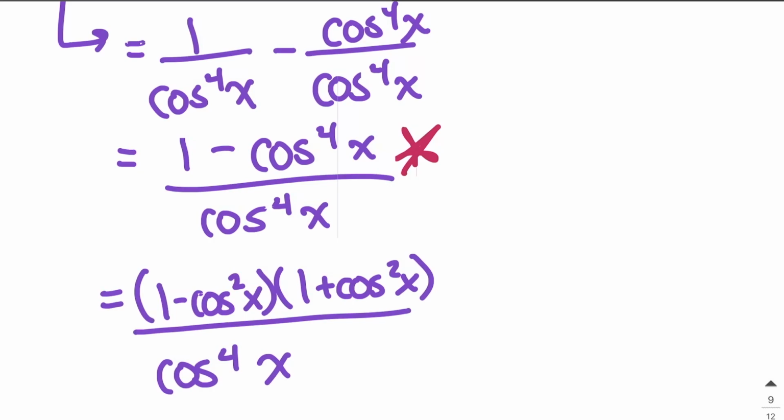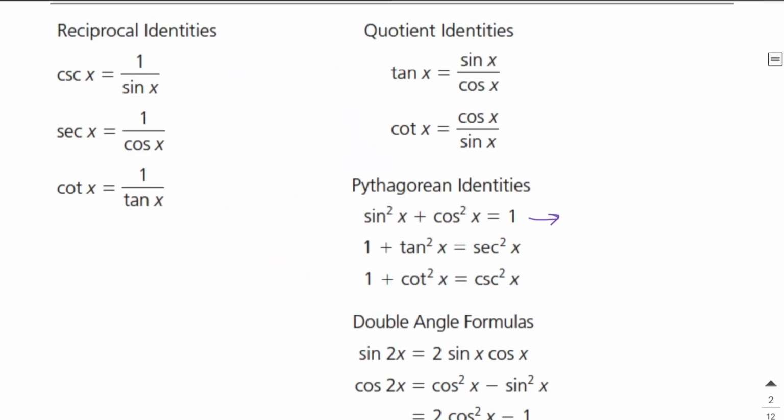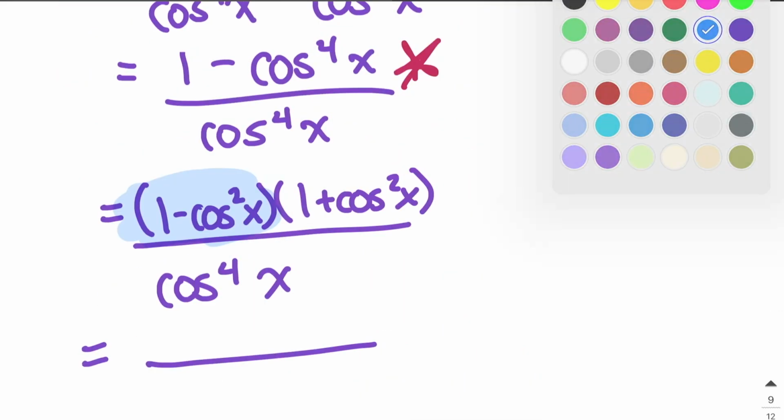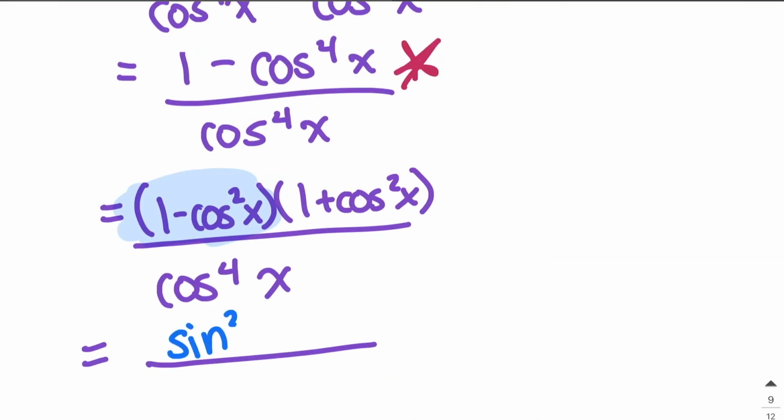Now, when we get here, we should see that this right here is familiar to us because we can move the cosine squared over, so we get 1 minus cosine squared x, and that's what sine squared x is. So here I can replace 1 minus cosine squared x with sine squared x.